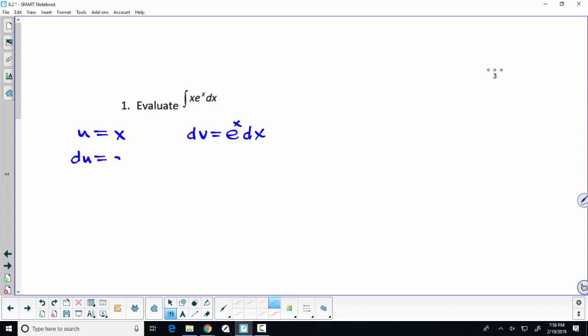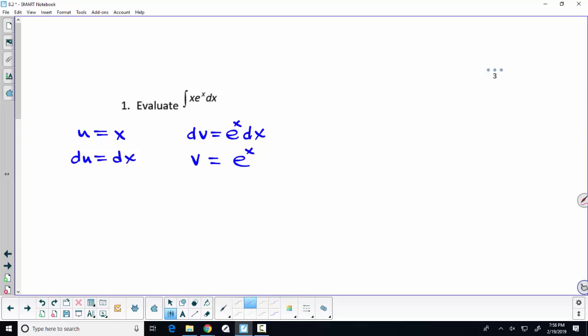So du is dx. v is the antiderivative, so e to the x. So built in as an intermediate step in this is derivatives and antiderivatives. Then you've got to fit all that together in the formula, which involves another antiderivative. So you really have to start keeping things straight. Otherwise, it's going to be really easy to mess this up.